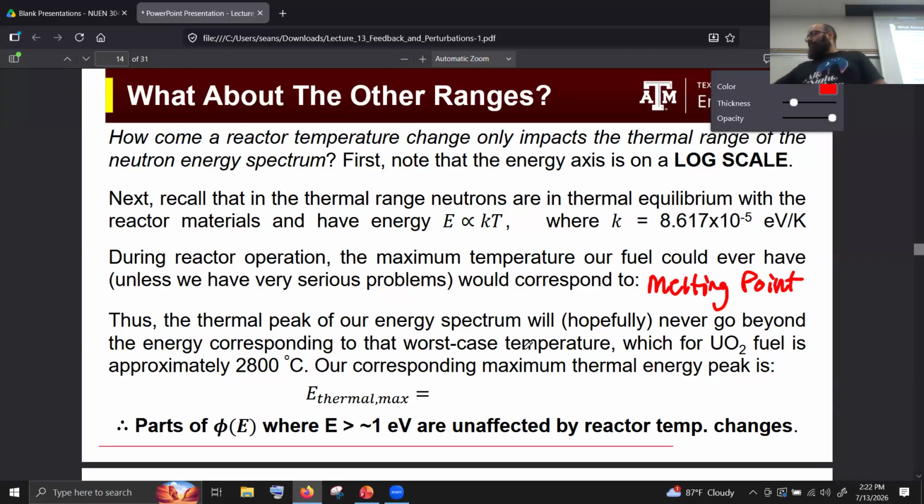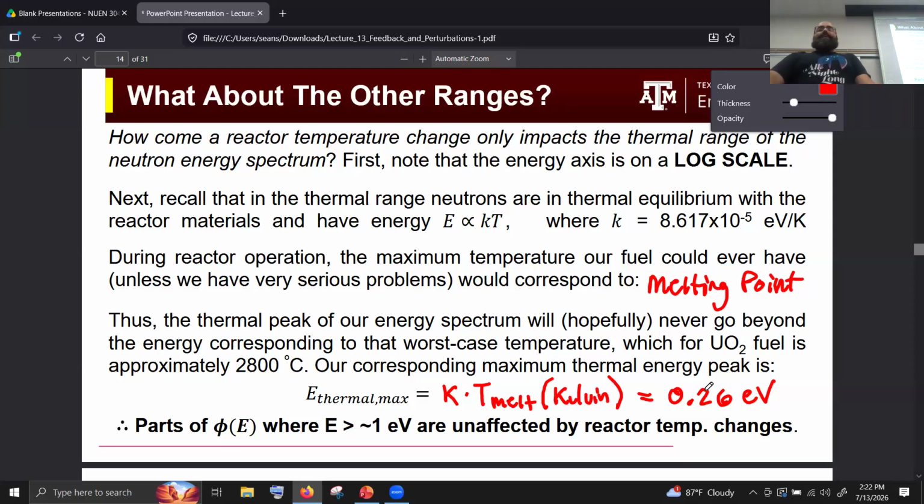So what I'm saying is if I do K times T melt, where that T melt is in Kelvin, then this is going to come out to about 0.26 eV. So if my reactor was melted down, that thermal peak would be about 0.26 eV.